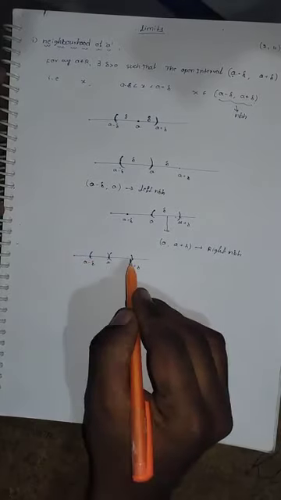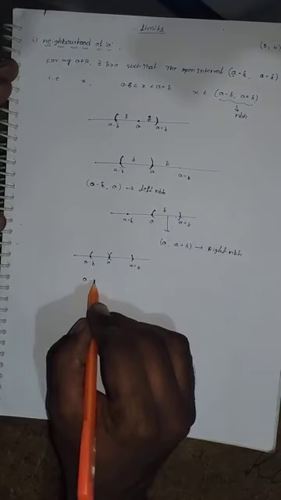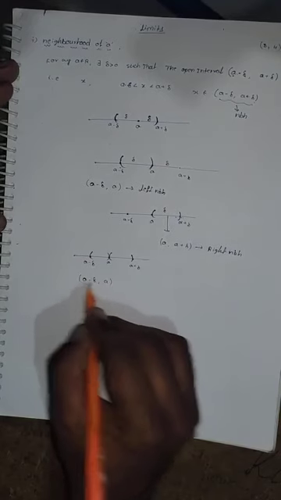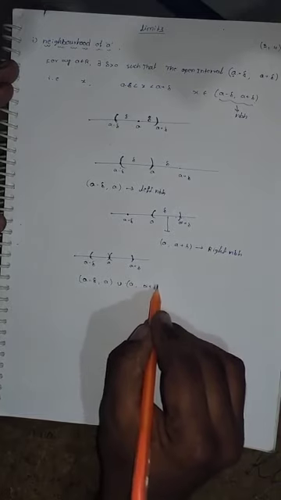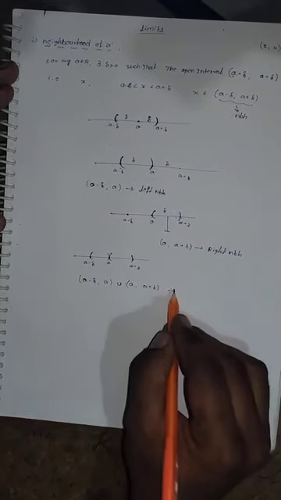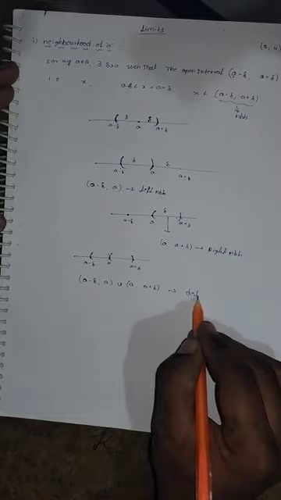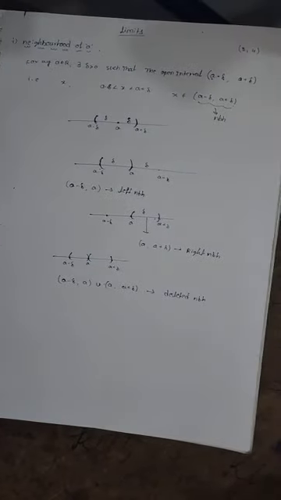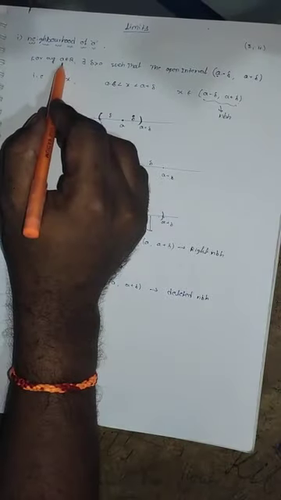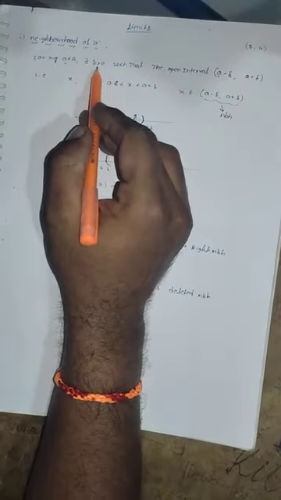The interval A minus delta to A plus delta can be split into two intervals: the open interval A minus delta to A, union A to A plus delta. This is called the deleted neighborhood.